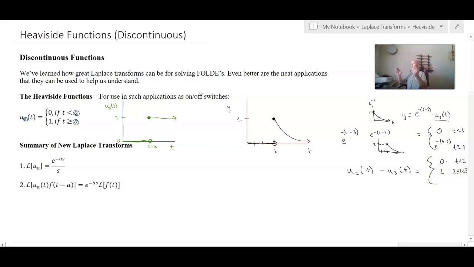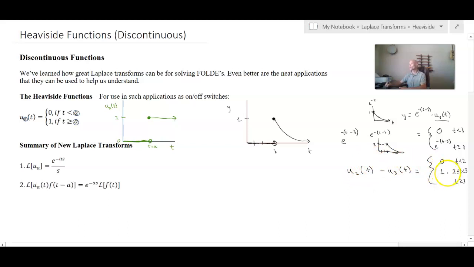Nothing super fascinating there, but let's see what happens at time 3. What's the effect of this u3 in there? So for t greater than or equal to 3, remember that u2 is still a 1 because it's always a 1 at and after time 2. And now at time 3, u3 activates, becomes a 1, and so 1 minus 1 is 0.